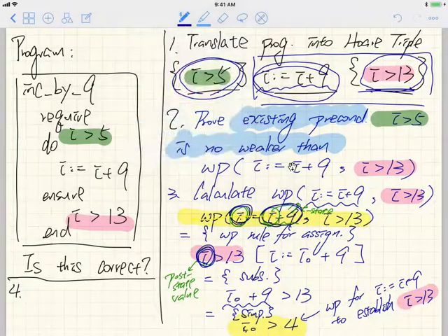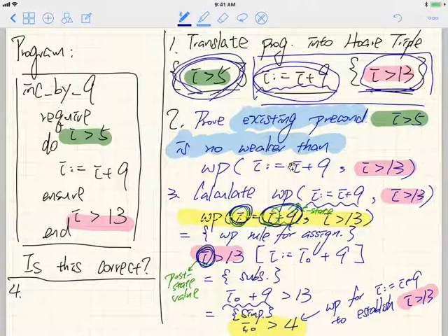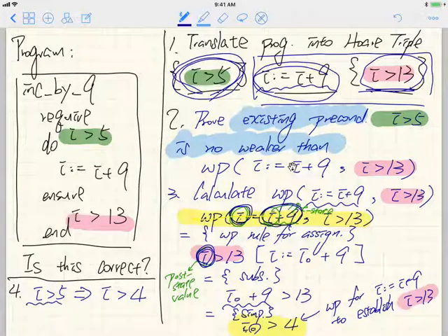What's the existing precondition, the green one? I larger than 5, does that imply, so here this is I0, but when the context is clear, you don't have to mention I0, so now it implies I larger than 4. Again, this is the existing precondition.